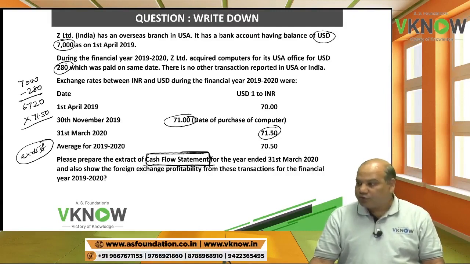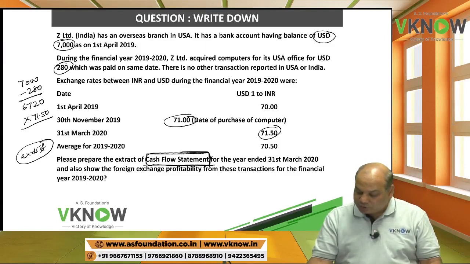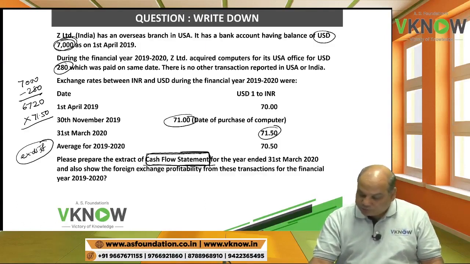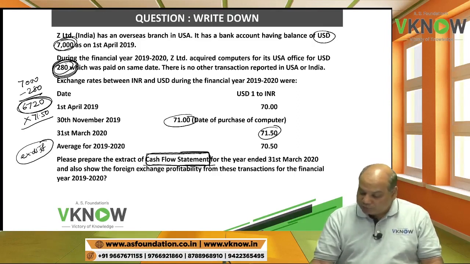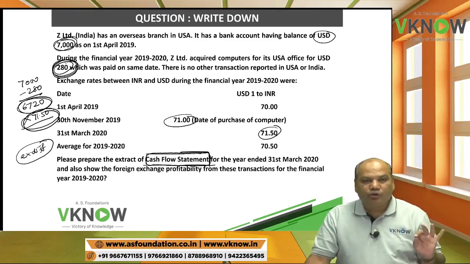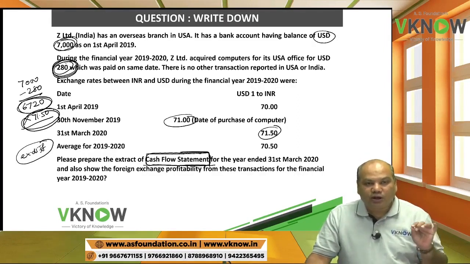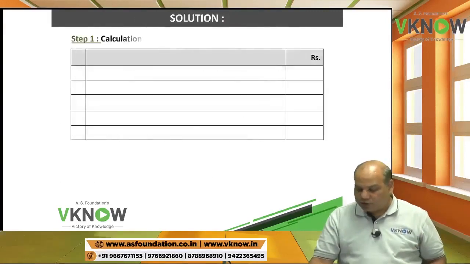Okay, so first I will give you some basic calculations for understanding. We have opening $7,000, we purchased a computer for 280, we are left with $6,720, and that we will convert at 71.50, and we will see what is the amount in Indian rupees on 31st March 2020.